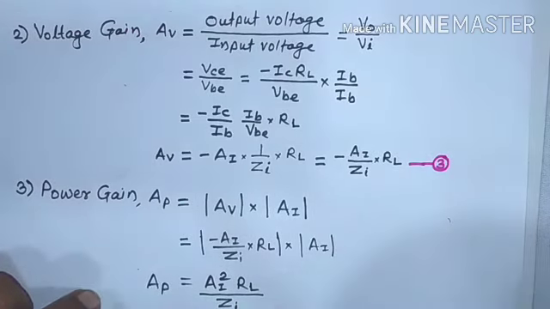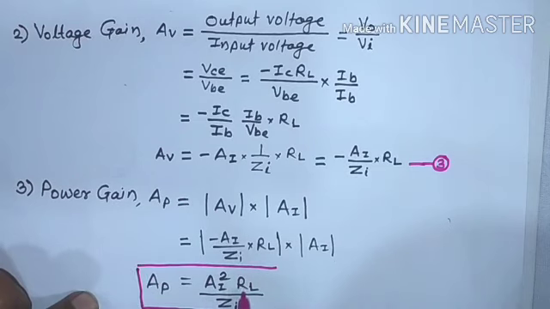So we get this next equation for power gain, and it is written as AP equals AI square into RL upon ZI, and just name it as equation number 4.